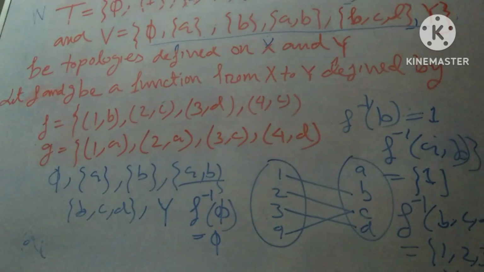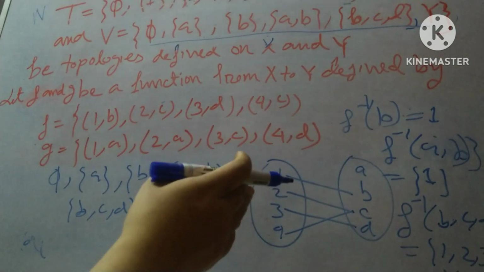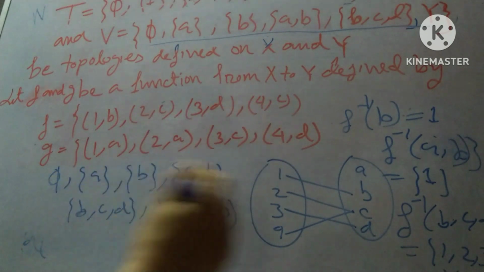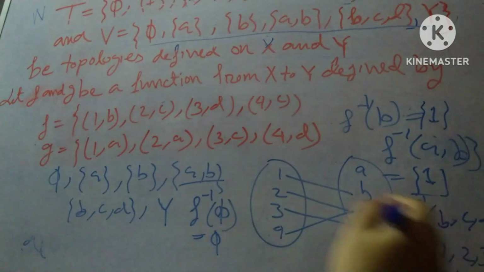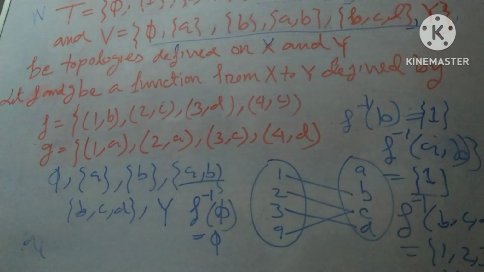What is the question? According to the theory, a function f from (X, T) to (Y, V) is continuous on X if and only if the inverse image of every V open set is also an open set, because you see that all are open sets. F inverse gives 1, {1, 2, 3, 4}, all are open sets. Okay, is it clear?